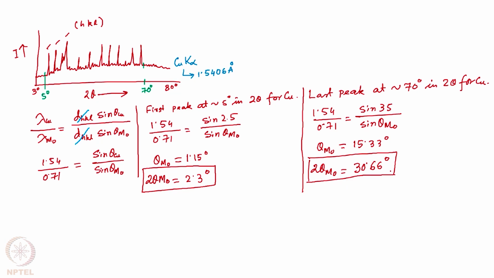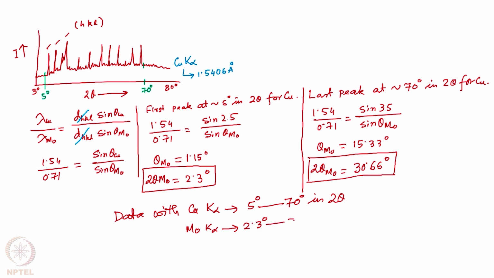So the data collected with copper K alpha spanned from 5 degree to 70 degree in 2 theta. But if we collect with Mo K alpha radiation, the same data would span from 2.3 degree to 30.66 degree in 2 theta.